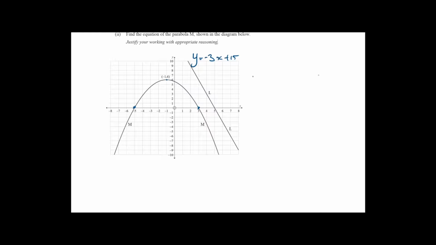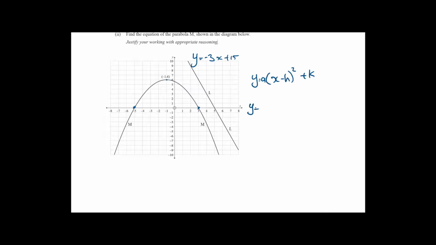We can do it using the vertex form. So y is going to be equal to (x minus h) squared plus k. Actually, there's something very important that we've missed out the front there. It's going to be equal to some number a(x minus h) squared plus k, where h and k are the coordinates of the turning point.